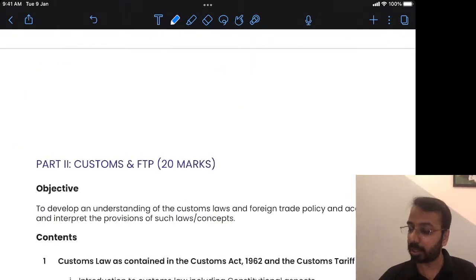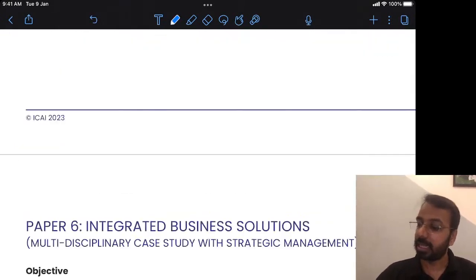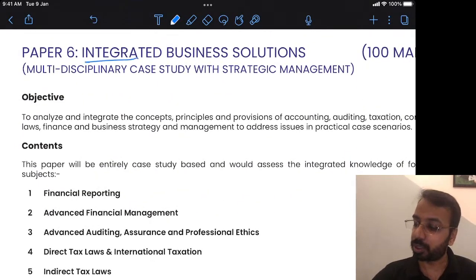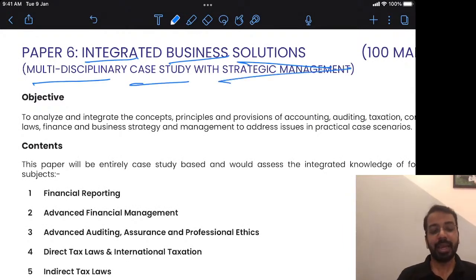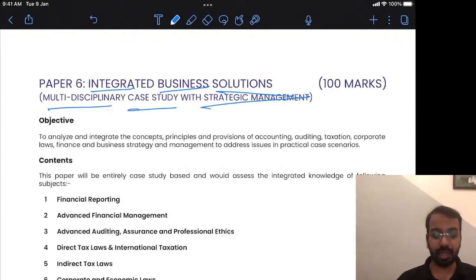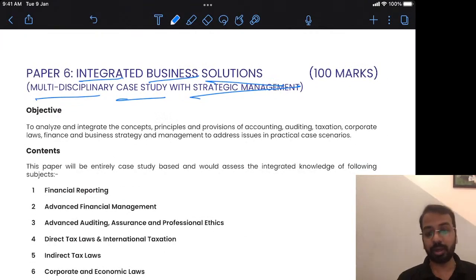The most important part is integrated business solution, what they call multidisciplinary case study with strategic management. Now, one of the areas where internationally the accounting institutions, you could look at ICAI, CIMA or ACCA, all of them focus on integrated case study.